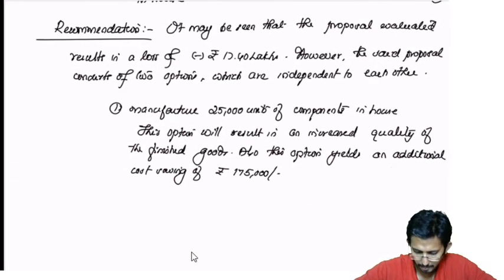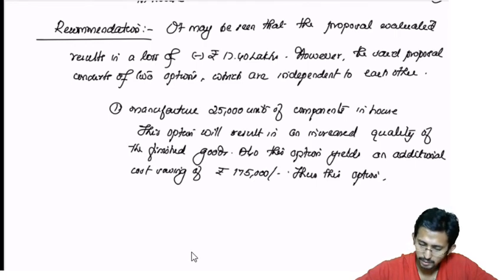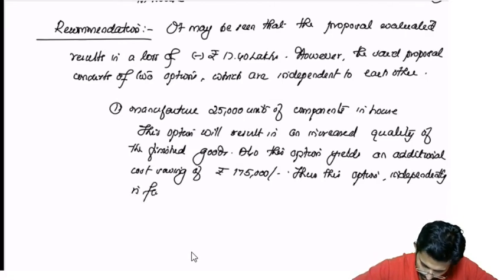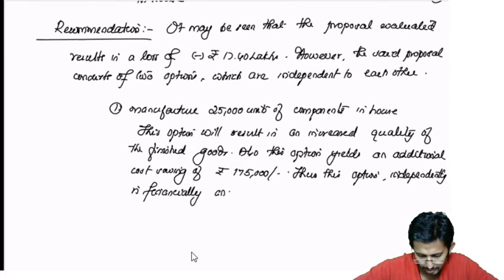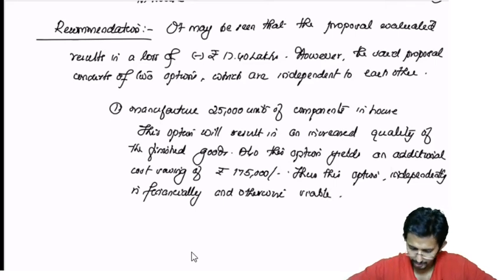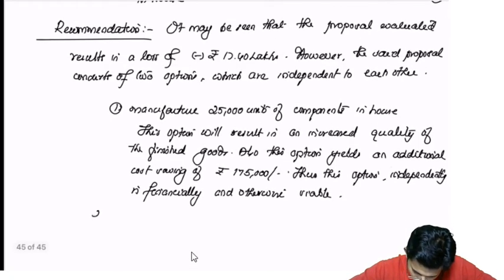Thus, this option independently is financially and otherwise viable. Now, what is the second option?